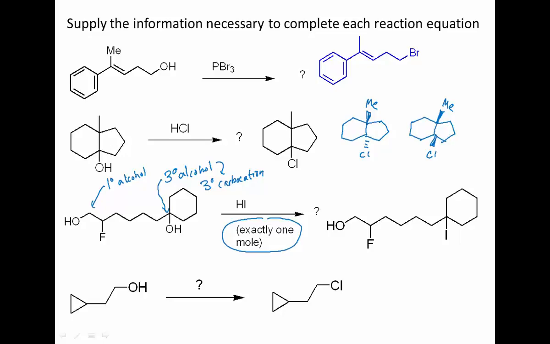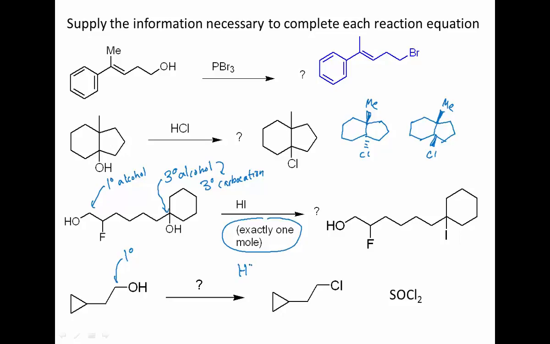Okay, what's the ideal reagent for turning that alcohol into that alkyl halide? The important thing to note is that it's primary, and that the ideal reagent is SOCl2.